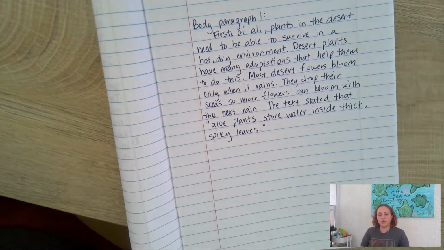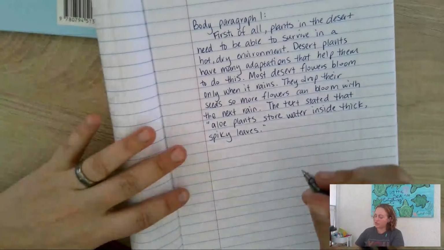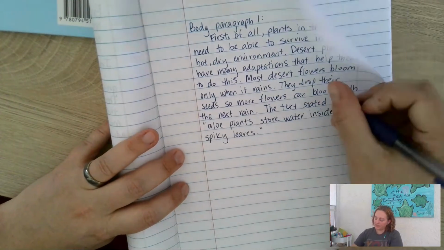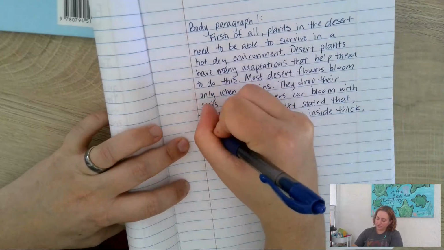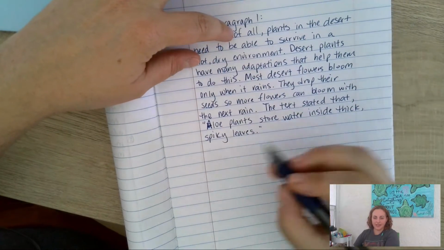Okay, so I've quoted the text, I put it into quotations. The text stated that aloe plants, I forgot about doing that, store water inside thick, spiky leaves.